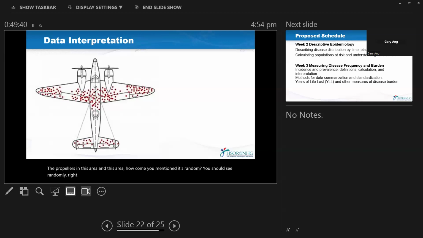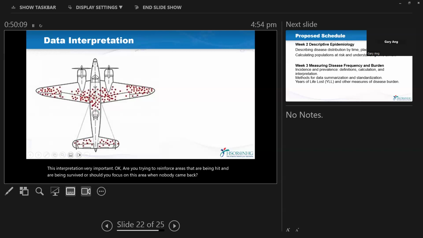Somebody said, why not? Maybe another explanation is that those planes which got hit in the white areas never came back. They crashed. When you look at epidemiology, you must always think of this interpretation, very important. Are you trying to reinforce areas that are being hit and survived? Or should you focus on the area where nobody came back?